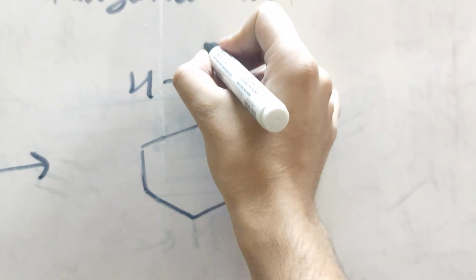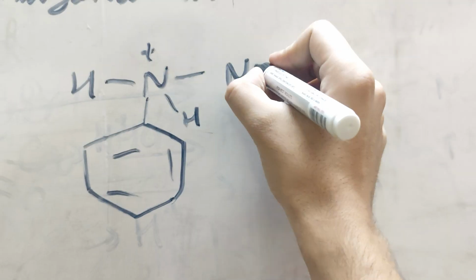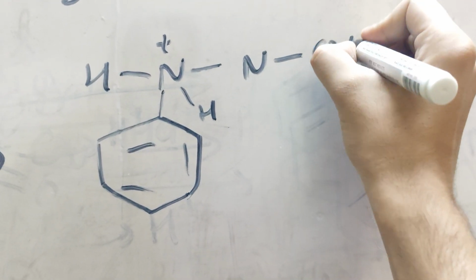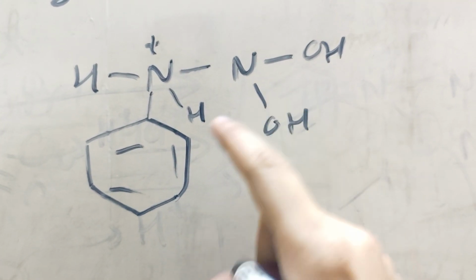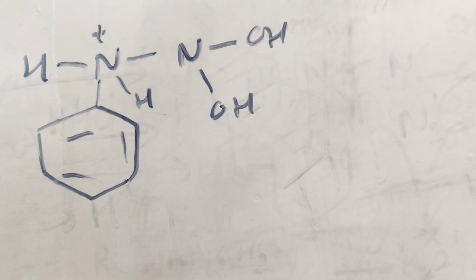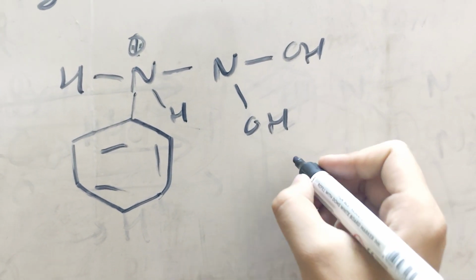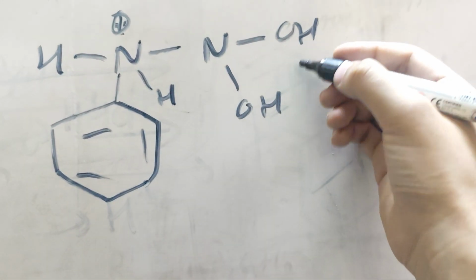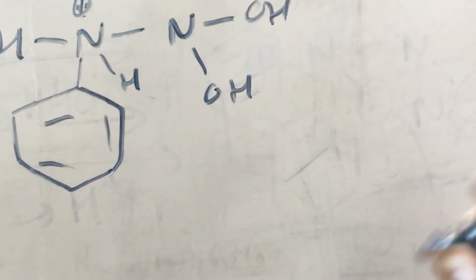So 4 bonds means positive charge, and there are 2 OH groups on this. So nitrogen will be completed, with a positive charge there. What will happen now? There are 2 hydroxyl groups on the nitrogen, which will be unstable.